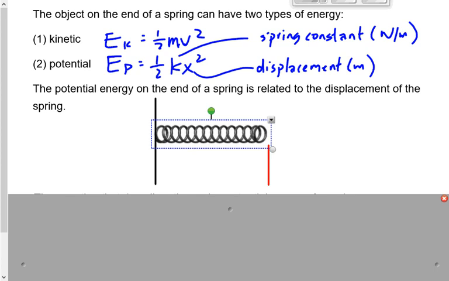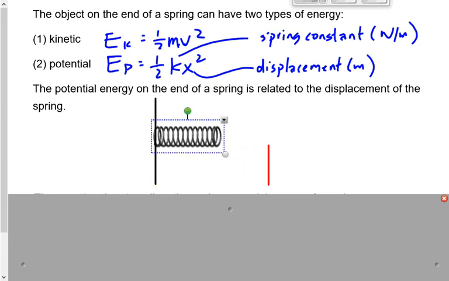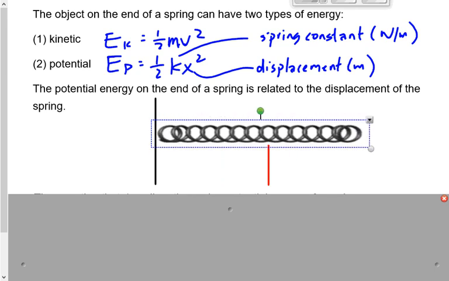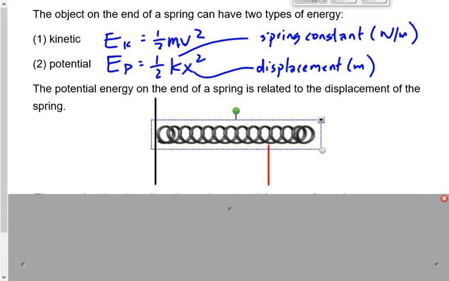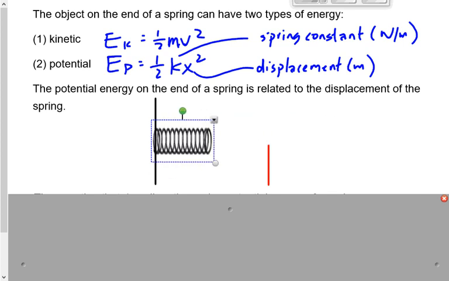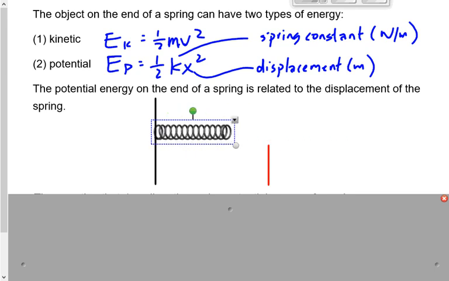Now all of that potential energy has been converted to kinetic. And now, because it's got so much kinetic energy, it just keeps going through here and develops more potential energy. And then the potential energy is converted to kinetic, which is converted back to potential, and then back to kinetic, maximum kinetic, zero potential, and then it's converted back to potential, and so on, and so on, and so on. Again, simple harmonic motion, motion that repeats itself.